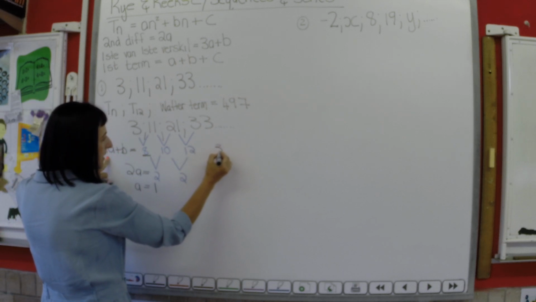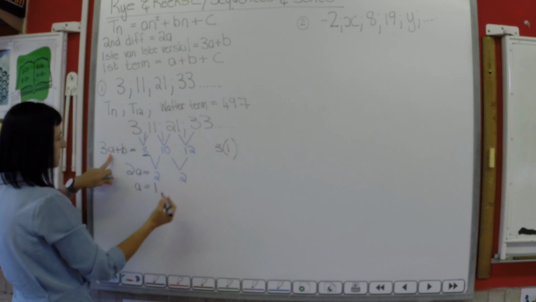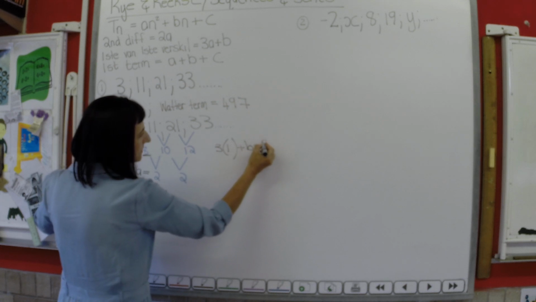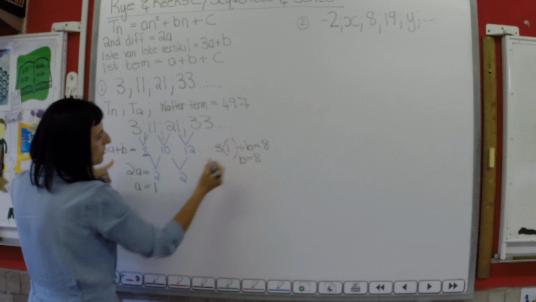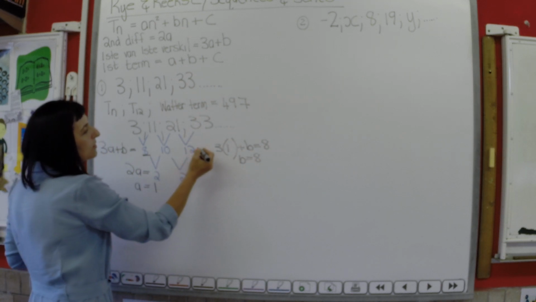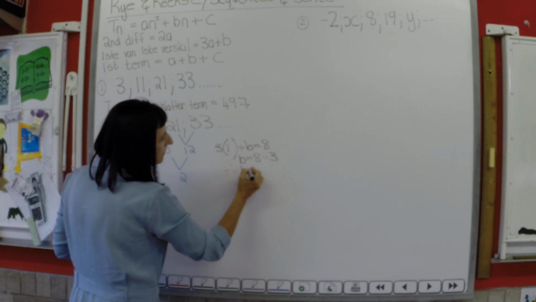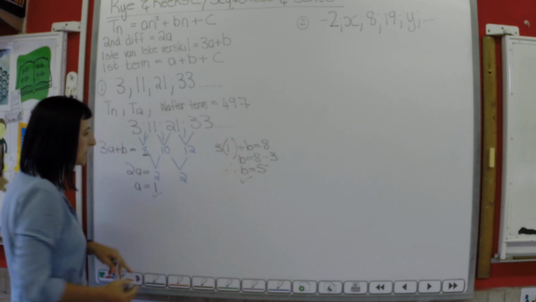So ons kan sê 3 maal 1, substitution into the place of a, plus b equals 8. So nou kan ek vir b gaan uitwerk. Ek vat die 3 maal 1 is 3. Na die ander kant van die is gelyk aan, nou word die plusbewerking 'n minusbewerking en daarom is b gelyk aan 5. Now I've got the value of a and the value of b.